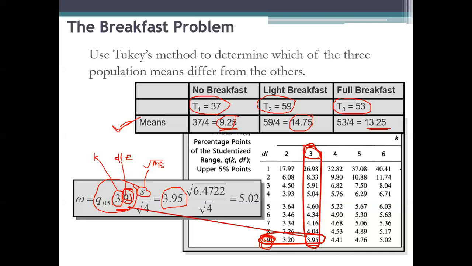When you calculate the value of MSE, you get this one, and then you take the square root with 4, because the value of n is 4. If you calculate this value, the final answer that you will get is 5.02.